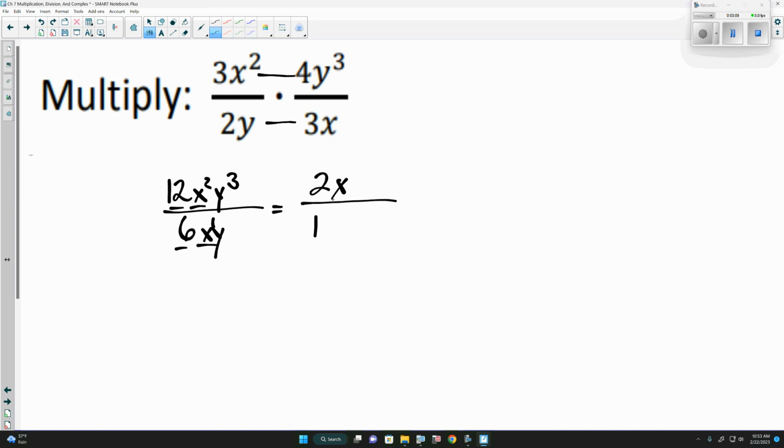So the one in common on top and bottom would cancel, leaving us with 1 on top. Y cubed over y to the first, 3 minus 2 is 2. And since it's bigger on top, it stays on top. We just removed 1 from top and bottom. The denominator's simplified. On top we have y squared.